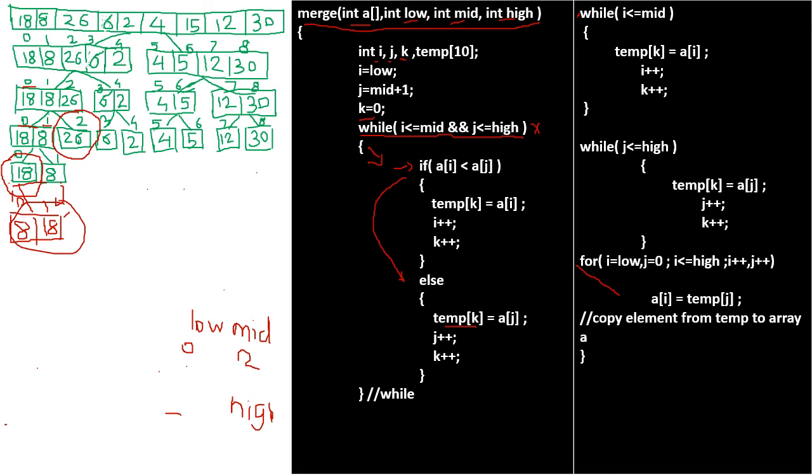Sorry, when we get these two sublists, at that time our mid value is not 2, the mid value is 1 and the high value is 2, that is 0, 1 and 2.